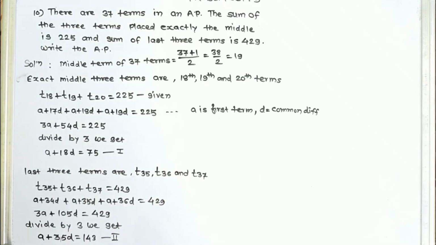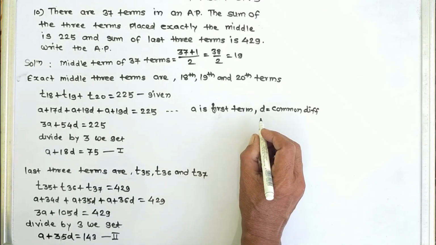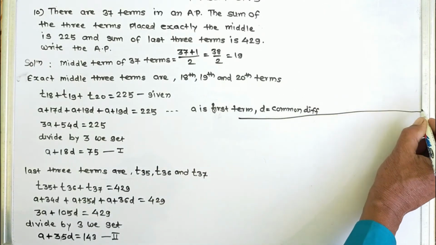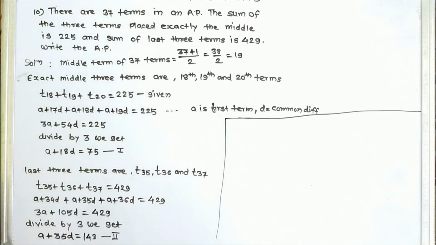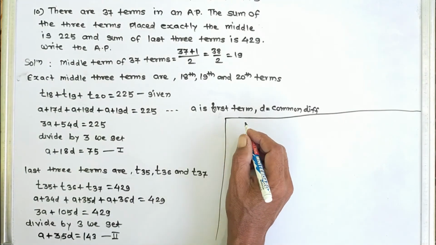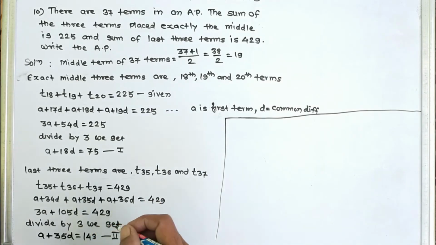Now from first and second we can find the value of a and d. Here we will subtract equation 1 from 2.